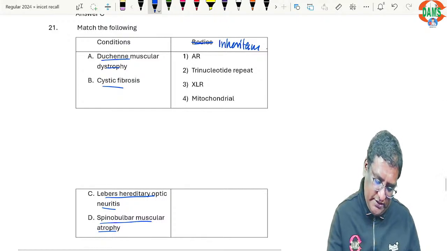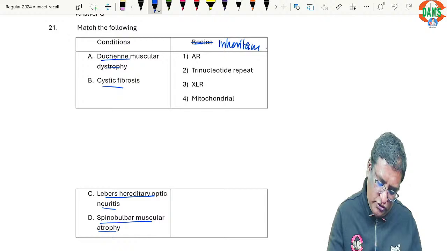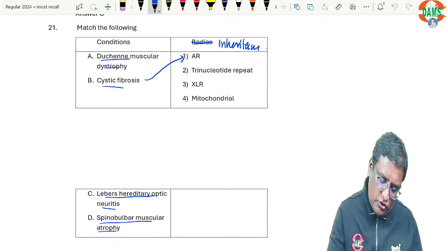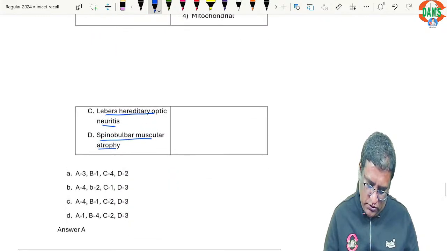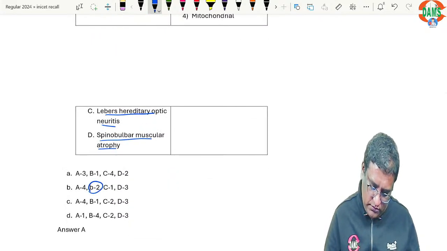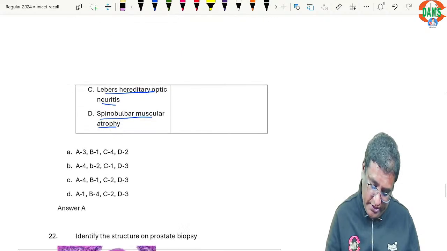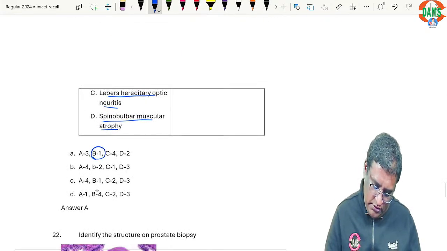Okay, so in this I start with whichever I know. Cystic fibrosis or Duchenne muscular dystrophy. Cystic fibrosis is an autosomal recessive condition. B is 2. Okay, in this only one option, sorry, B is not 2, B is 1. So two options are correct, so these two are ruled out.